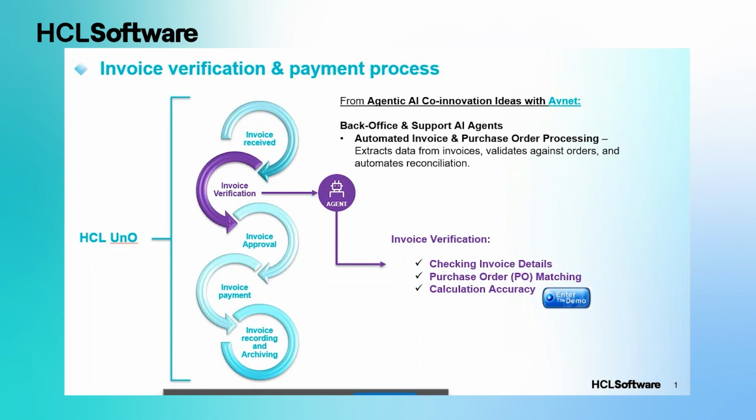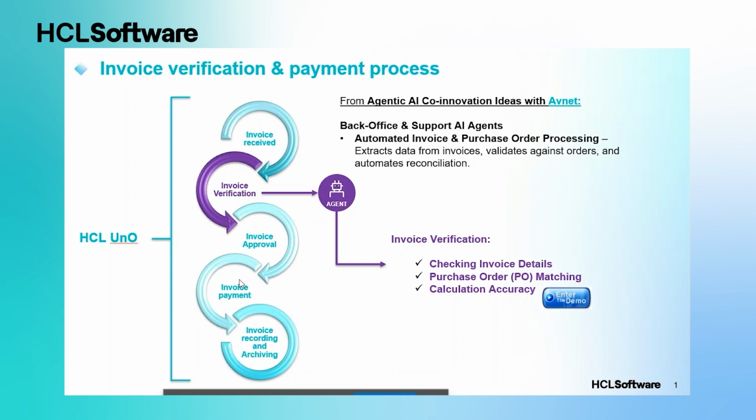So we are looking at an agentic AI use case here, wherein we are going to verify the incoming invoice, which can arrive over an email or maybe as an SQS message, and the invoice once received is verified through an AI-based agent that is going to extract all the invoice details, do a matching with the existing PO, and then also do the calculation accuracy, and it's going to then go for an approval in a system like ServiceNow.